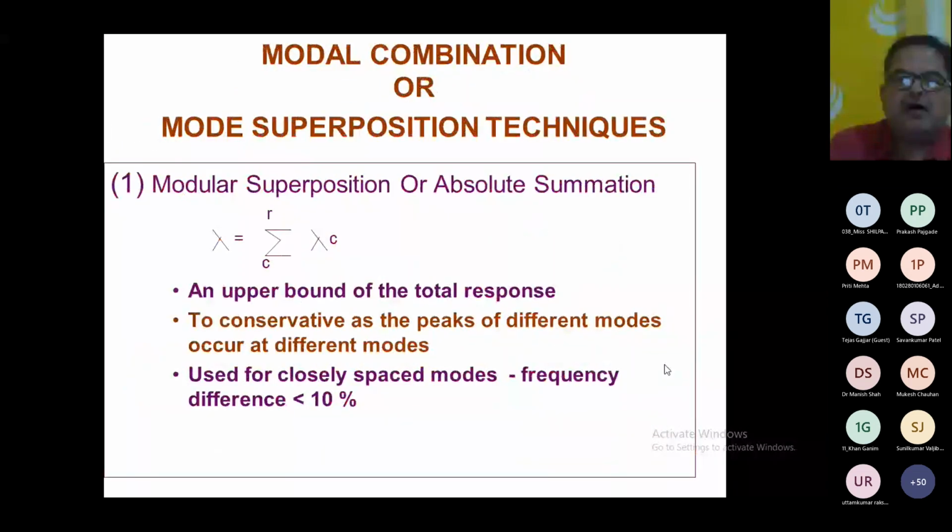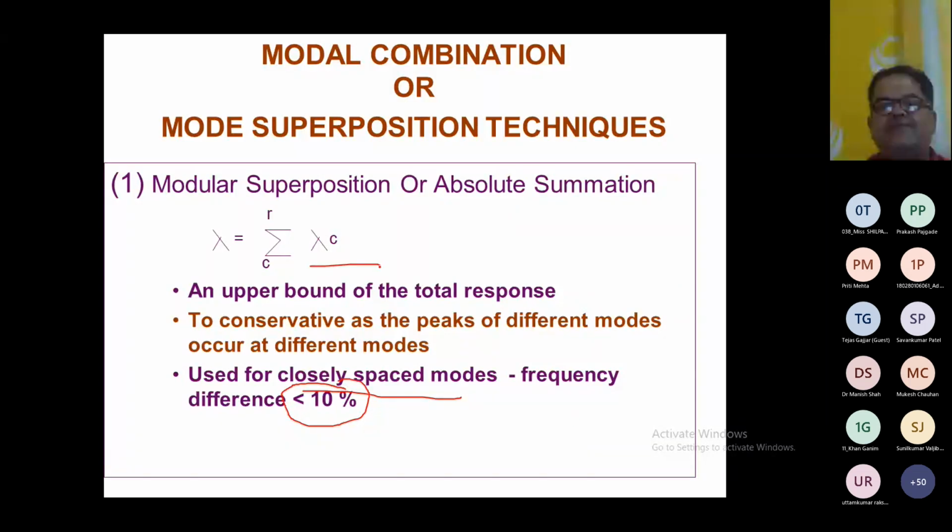We have a mode superposition or absolute summation method, right? We have different modes, and if these modes are closely spaced, meaning the frequency variation is less than 10%, then we can use this combination.